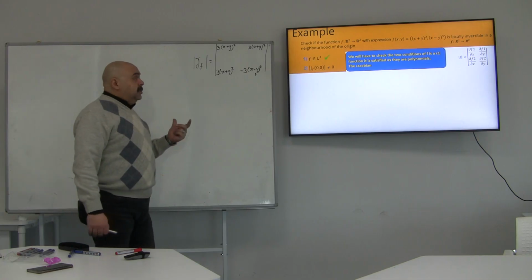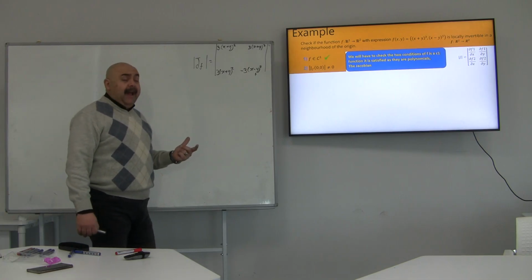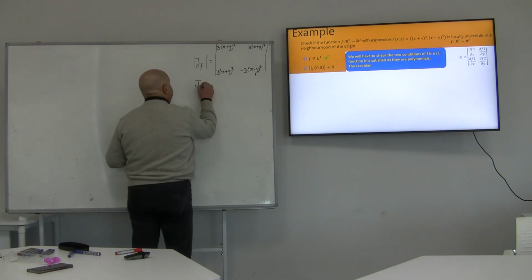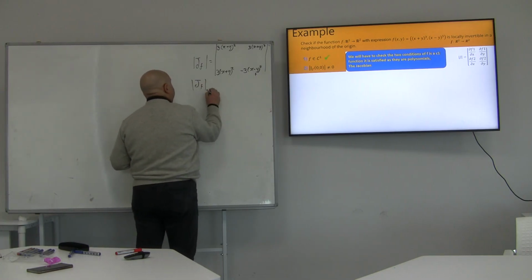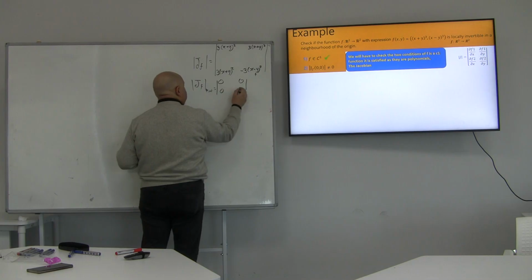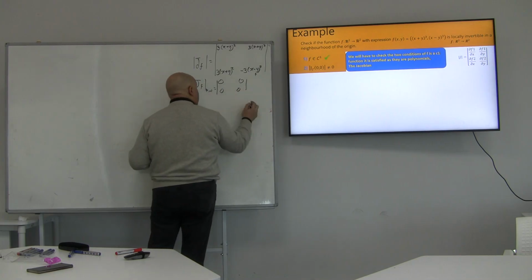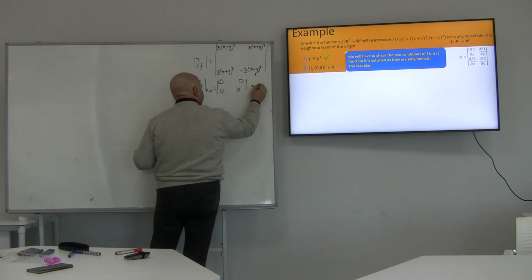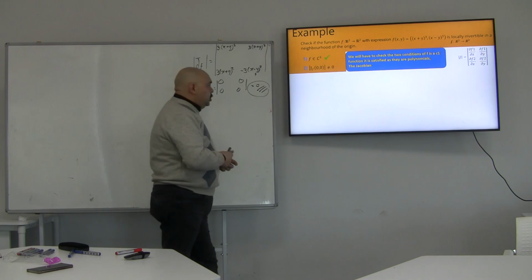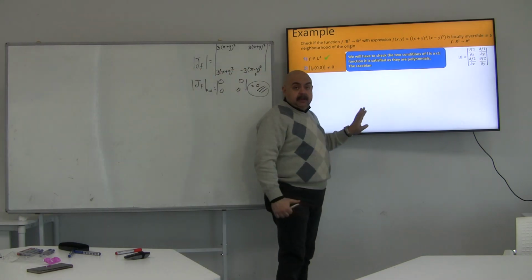If I make a substitution at the origin, you will end up having the Jacobian at 0 and 0, which is simply 0, 0, 0, and 0. And of course, the determinant is going to be 0. So looking at this problem, this condition is not satisfied.